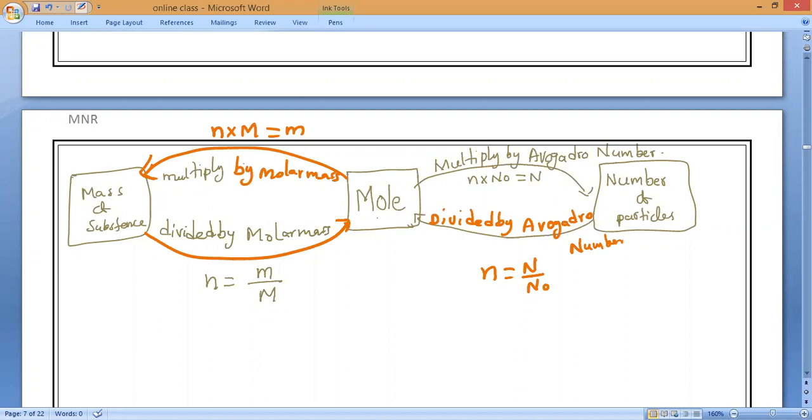Now, sir, is this only for covalent compounds? Then what about ionic compounds? Is it the same or not? That is my question. Anybody? Is the concept called the mole the same for everything?